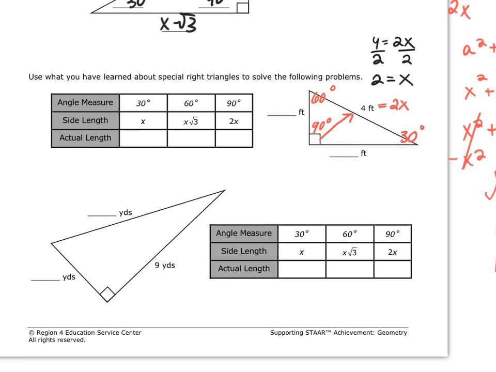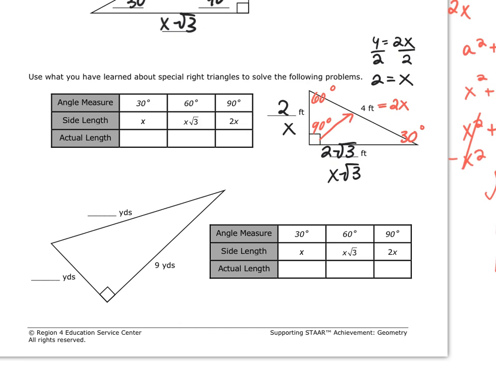Well, I know that the side length that's opposite of the 30 is my x. So let me label that there. And my longer leg is going to be x square root 3. Now that I know what x is, I know that the side opposite the 30 must measure 2. And the side that's opposite the 60 must be 2 square root 3. There we go. So I know my side lengths.